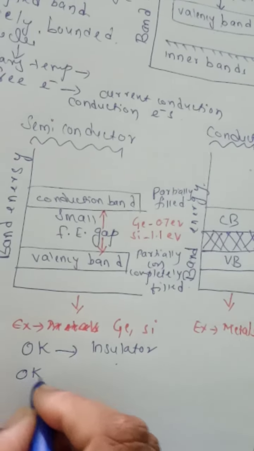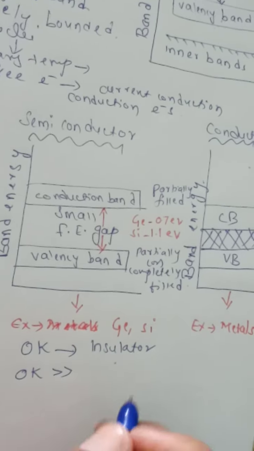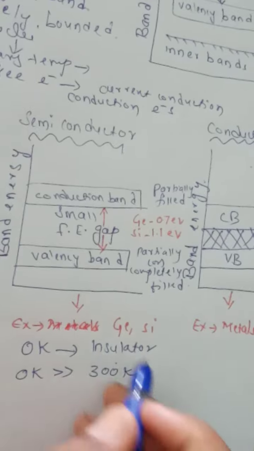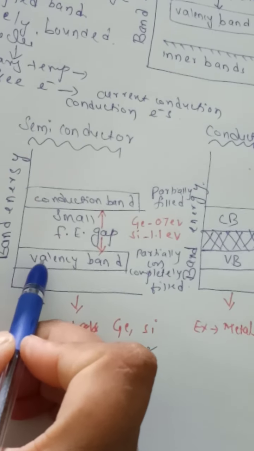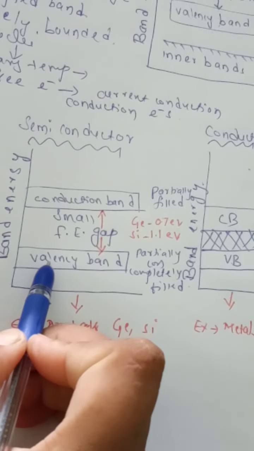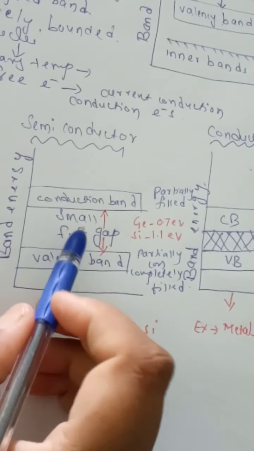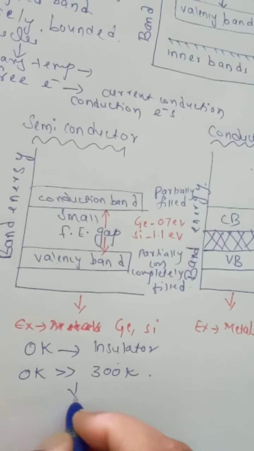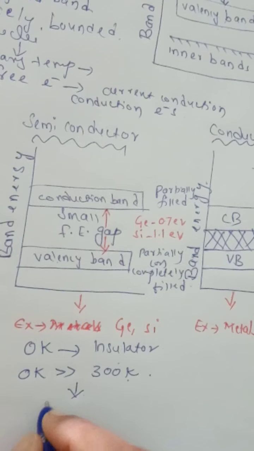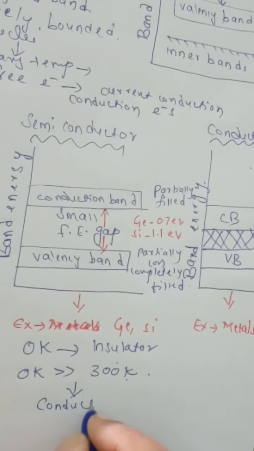Now let us go on increasing the temperature. At nearly 300 Kelvin temperature, slowly the electrons start jumping into the conduction band from valency band. That is, after 300 Kelvin temperature, the substance behaves like a conductor.